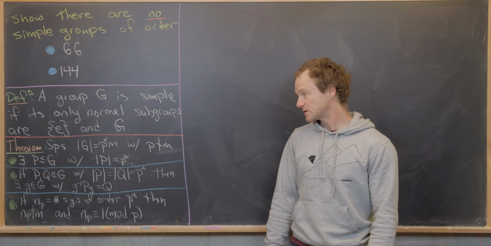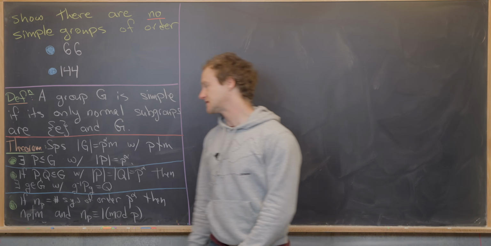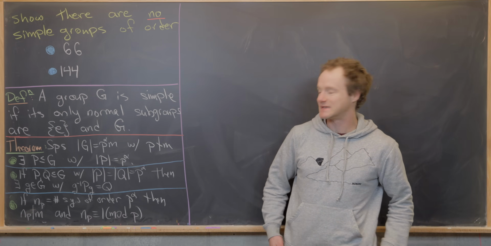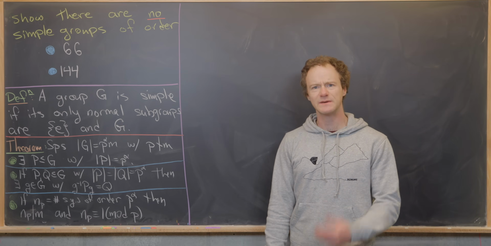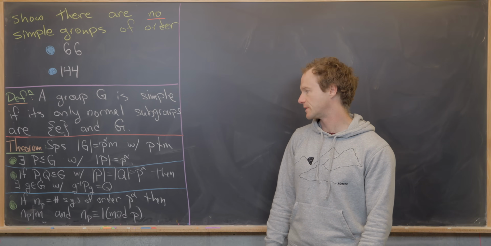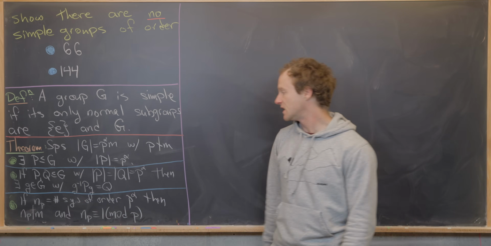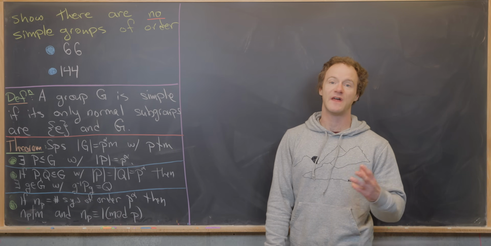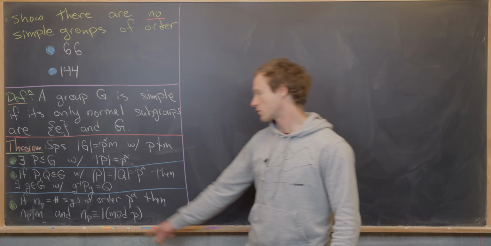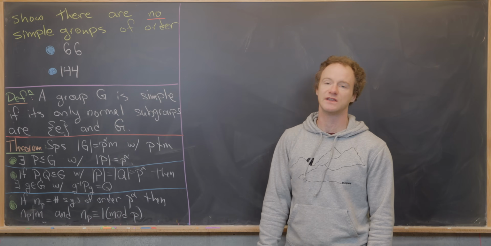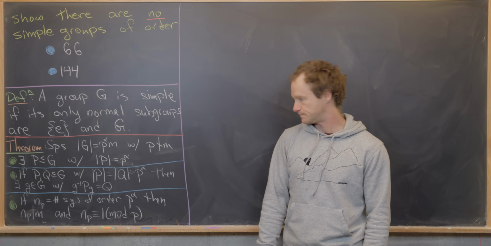The first Sylow theorem says that there exists a subgroup of G whose order is p^α. Sometimes this is called a Sylow p-subgroup. Next, if we have two subgroups P and Q of G that have order p^α, they are conjugate. In other words, there is an element g in G such that g⁻¹Pg is equal to Q.